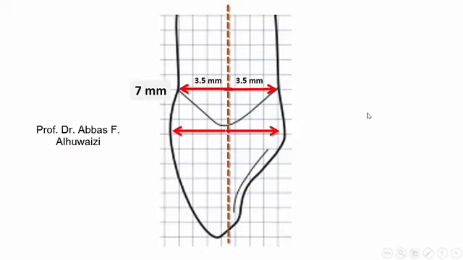The buccopalatal width of the crown at its widest point is 8 millimeters. Therefore, it is 4 millimeters from the bisecting line to the peak of curvature buccally and 4 millimeters from the bisecting line to the peak of curvature palatally.